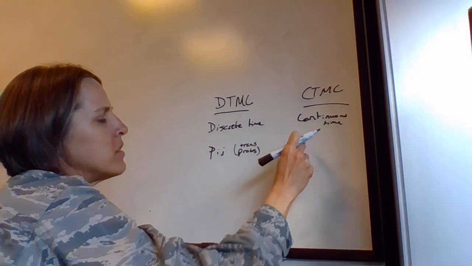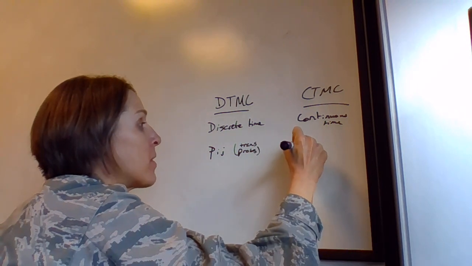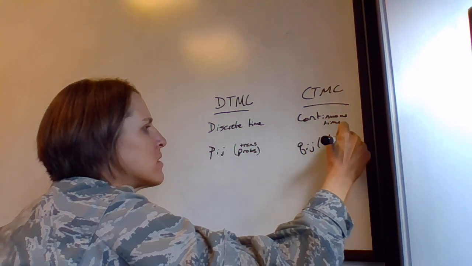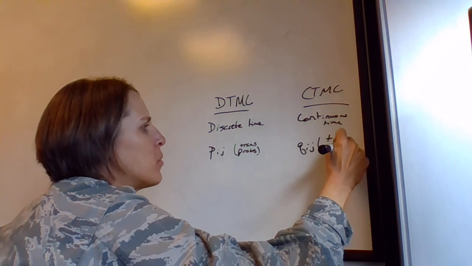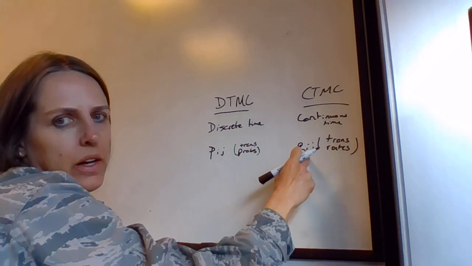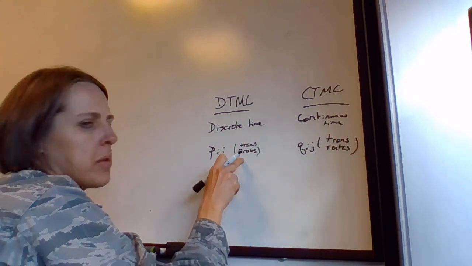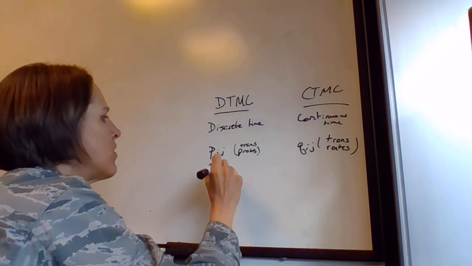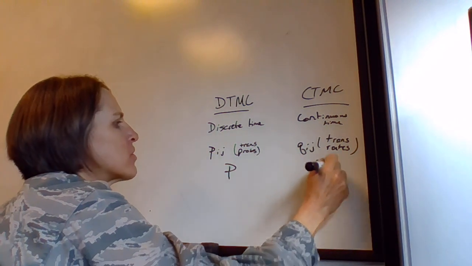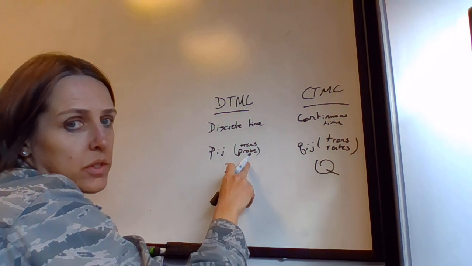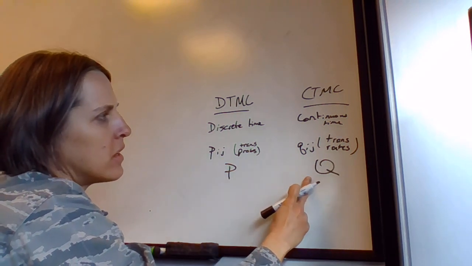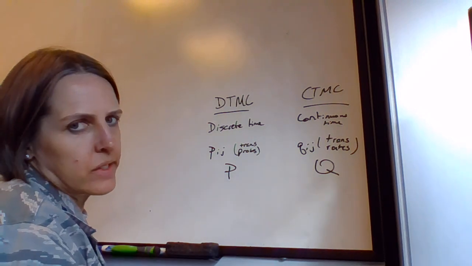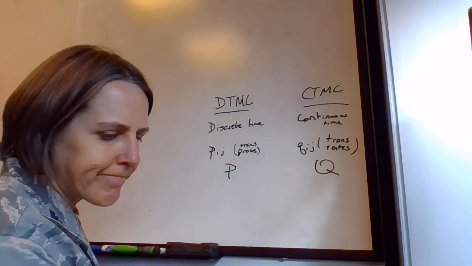In the continuous time Markov chain, we're concerned about Qij, which are transition rates, the rate at which you transition from state i to state j. So probabilities here, rates here. Okay, these are going to go into a matrix we're going to call P for discrete time Markov chains, and for continuous time Markov chains, we call it Q. It's also called the infinitesimal generator matrix.